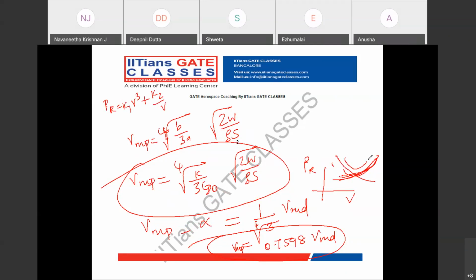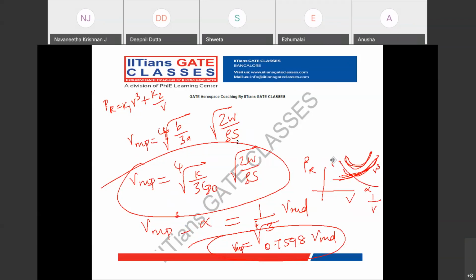So power required can only vary in between these quantities. This is directly proportional to 1 divided by V. This is directly proportional to V cube. So power required follows this trend.